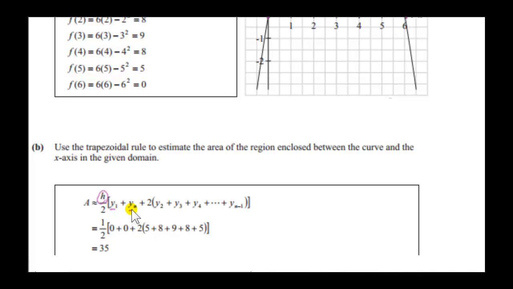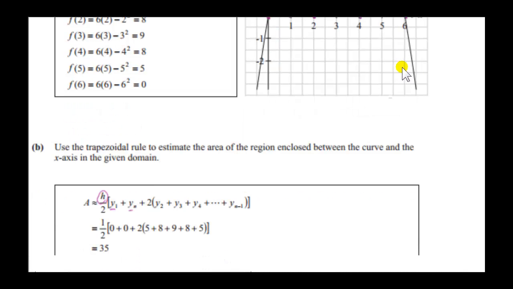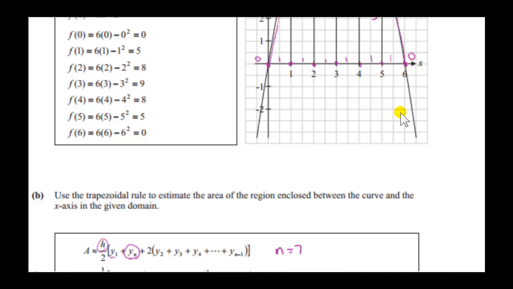In this case, y1 is 0. It's the height at this point. y2 is the height at this point. y3 is the height at this point. y4, y5, y6, y7 is the height at this point. So n is actually 7 in this example. But you only have to remember that yn is the y coordinate of the last point that makes up the interval.